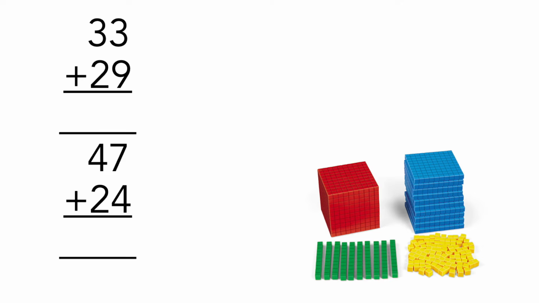So now I want you to have a think of these 3 different methods when I write the couple of questions I want you to have a go at. We've got 33 plus 29 and 47 plus 24. So have a go at those questions, and some of you might think, Mr Singh, it's a little bit easy.